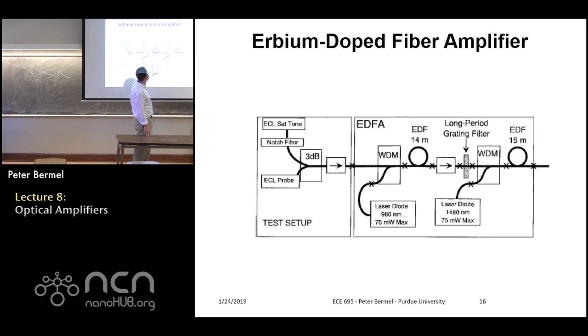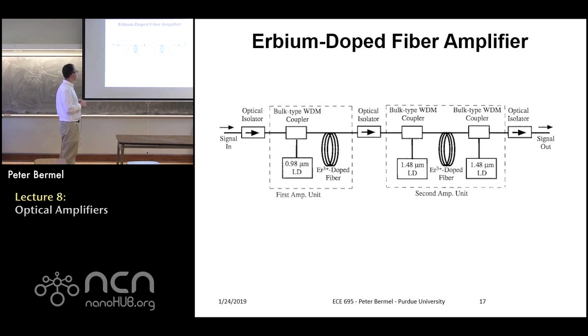So it's using two laser diodes in tandem to get a higher level of total amplification from this 14 meters of erbium-doped fiber and then this 15 meters. So the total length in this particular instance was on the order of 30 meters, which is enough to get gains exceeding 30 dB, right? So that's pretty substantial.